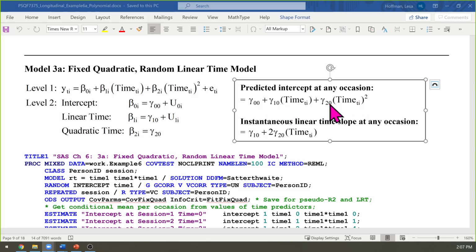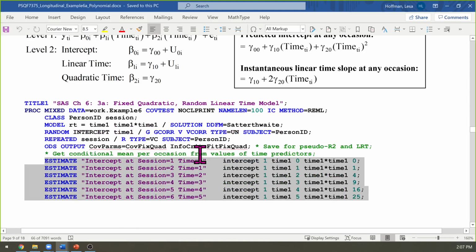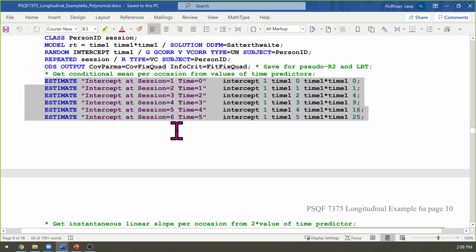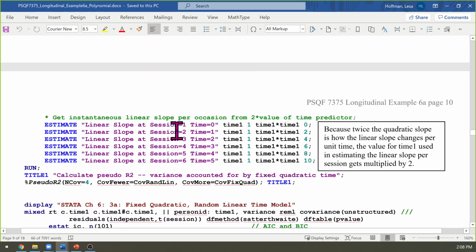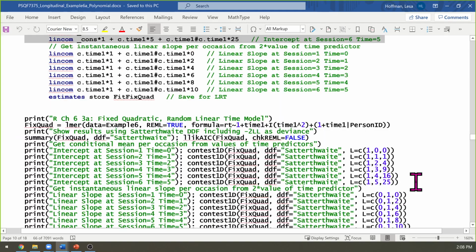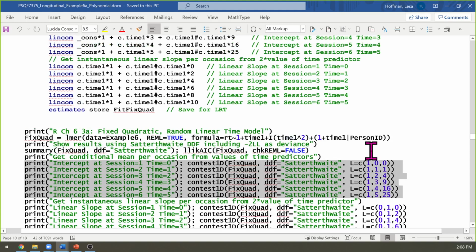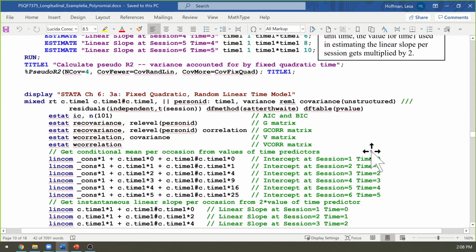And so this first equation, to calculate the predicted intercept, is what shows up in this set of estimate statements in SAS, corresponding LinCom statements in Stata, and in R, of course, the first set of these contest 1D things, where the values that are being plugged in correspond to the multiplier of the fixed effect in the equation.